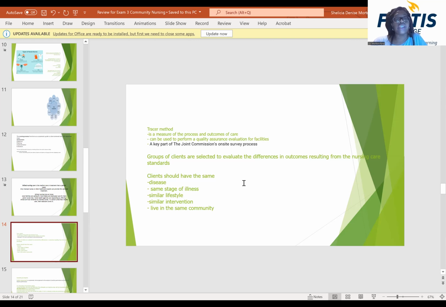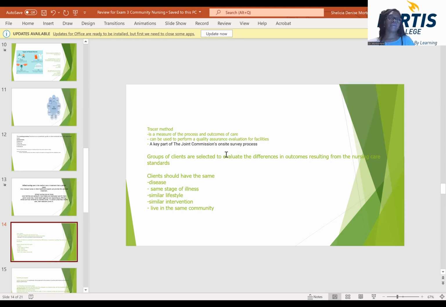So when you're using the tracing method, you have to ensure that the clients all have the same disease, the same stage of the illness, similar lifestyles, their intervention is similar, and they live in the same community. Otherwise, when you're measuring those outcomes, you will not get true results.